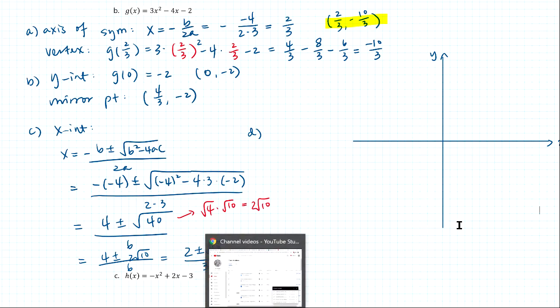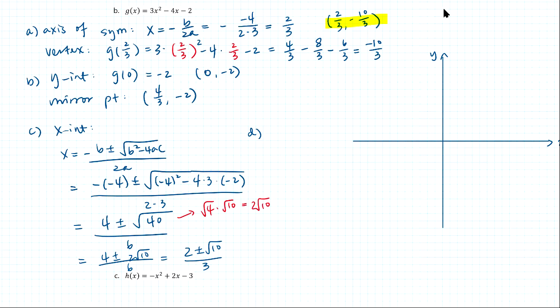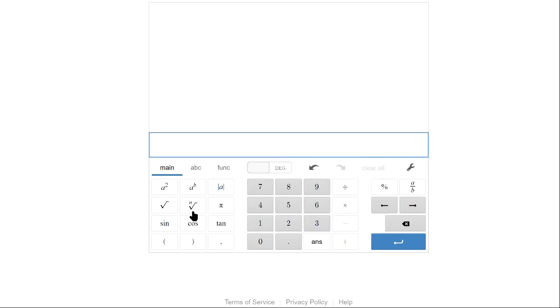And I'm going to use a plus first, the 2 plus square root of 10 over 3. I'm going to use parentheses because I need parentheses around the top of the fraction. So 2 plus root 10, close the parentheses first, divided by 3.